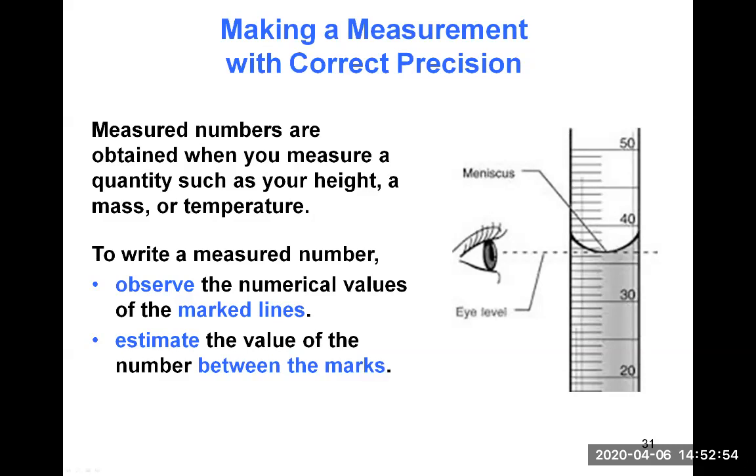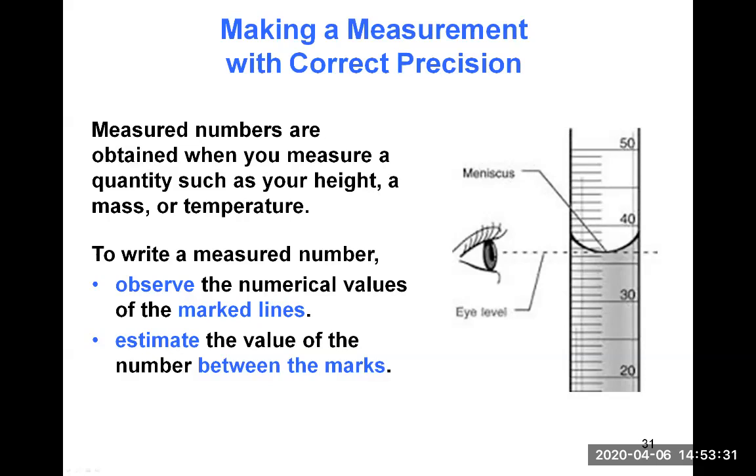From 30, I can move to between 30 and 40 to 35, because we have 1, 2, 3, 4, 5 lines up to 35. Then 36 is another, shorter line, right under the meniscus. So we know for sure we have 36 milliliters here, and the line slightly above the bottom of the meniscus is 37.